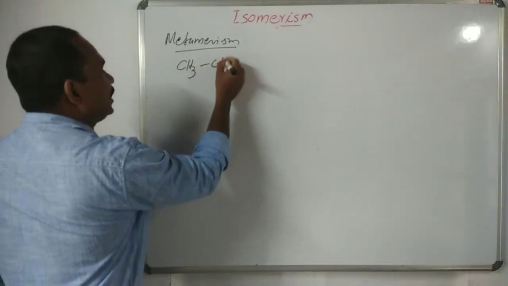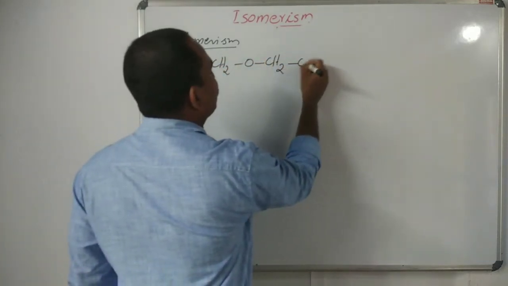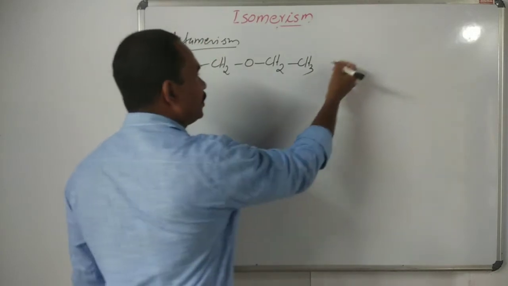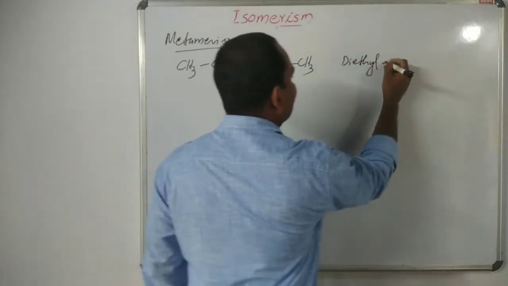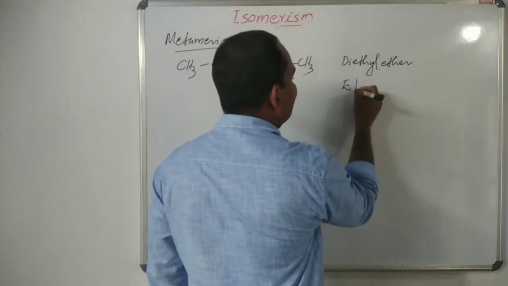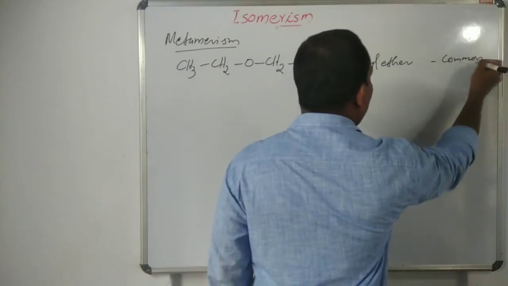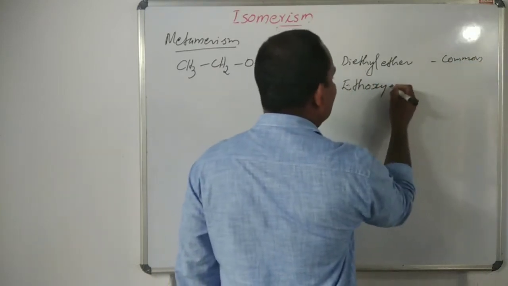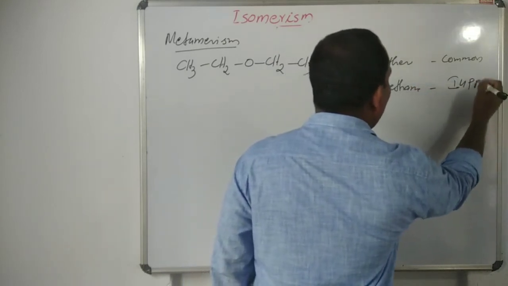CH3, CH2, O, CH2, CH3. It is diethyl ether, which is the common name; ethoxyethane is the IUPAC name.